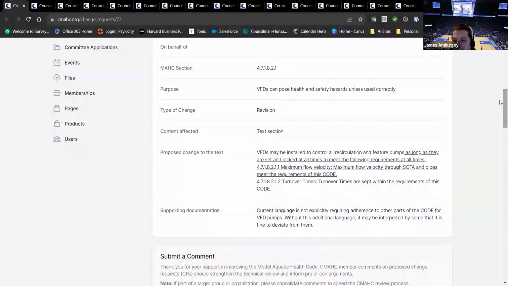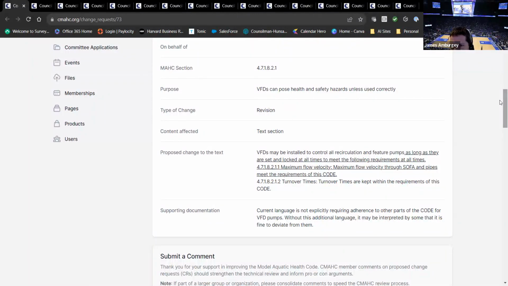You just have a VFD instrument that's totally set and locked at all times. So the idea being that if you turned it up higher, you could create a VGB concern for entrapment. Or, if you turn it down lower, you could violate the turnover times that are required.